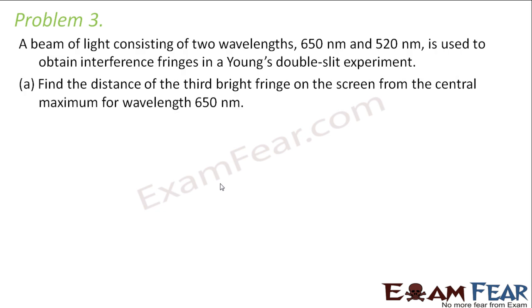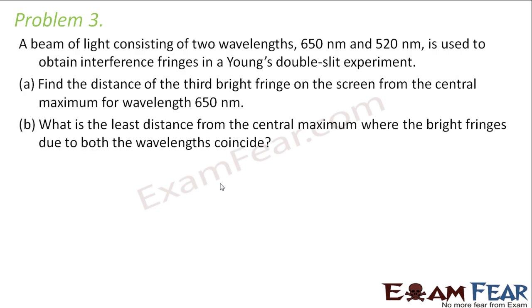Let us look at the next problem, which says that a beam of light consisting of two wavelengths 650 nanometers and 520 nanometers is used to obtain interference fringes in a Young's double slit experiment. Find the distance of the third bright fringe on the screen from the central maximum for wavelength 650 nanometers.